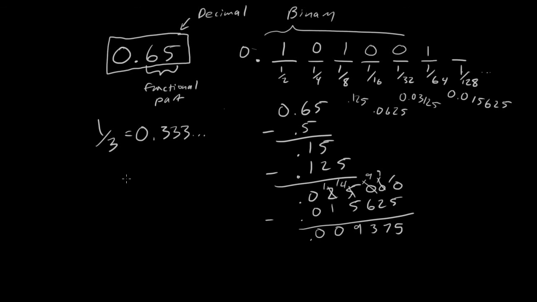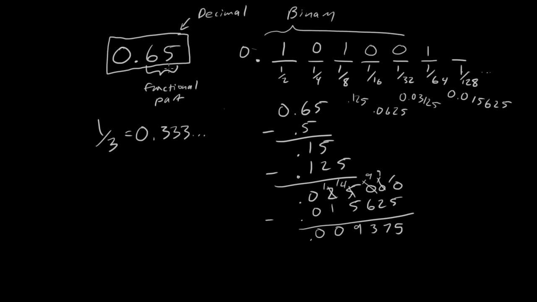Computers are finite in some sense, so we can only represent fractional parts with a certain level of precision, and beyond that level of precision, we have nothing left. But we can run into this issue with some pretty simple numbers like 0.65.